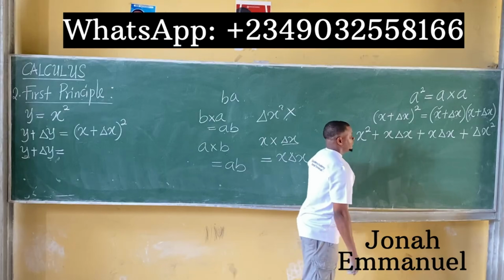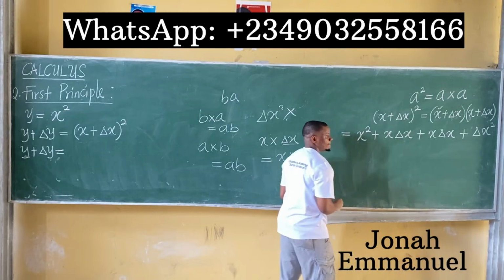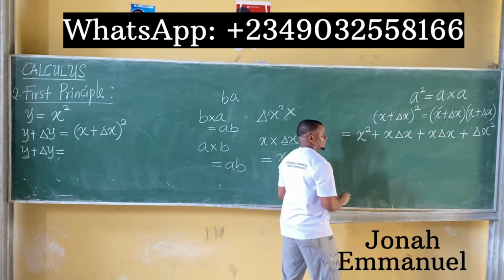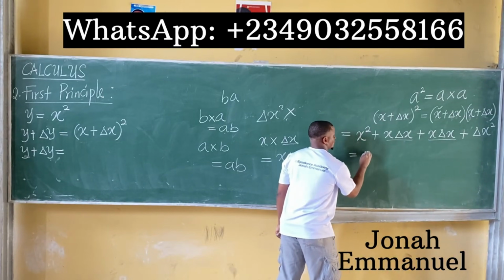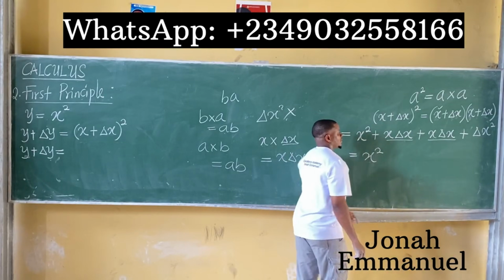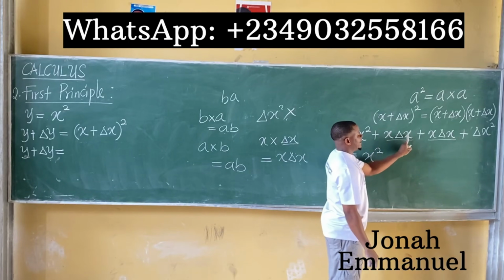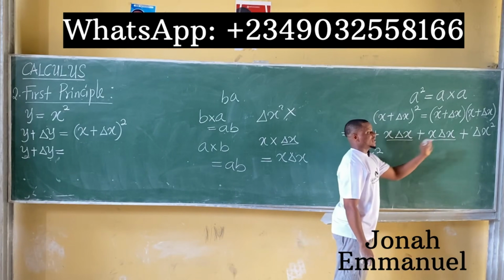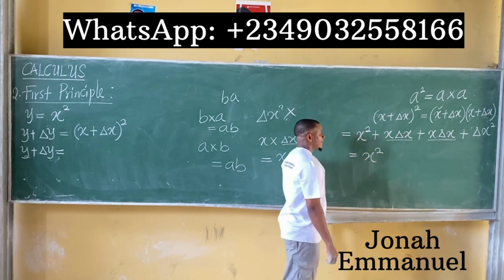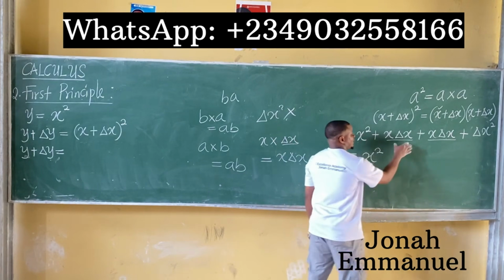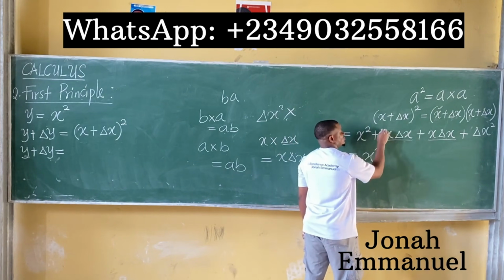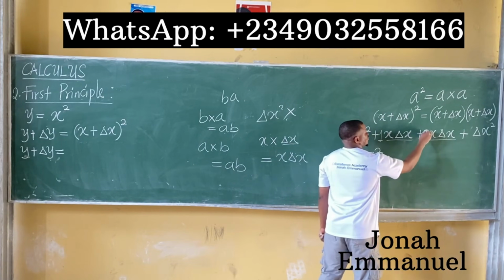That's all. Please, do we have any like terms here? Yes. This is equal to x squared, x change in x plus x change in x. What do you have there? 2. Let me break it down. Whenever you have two like terms adding, the coefficient here is 1, and the coefficient here is 1.